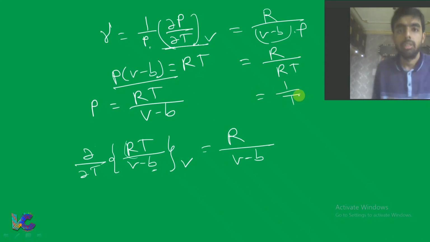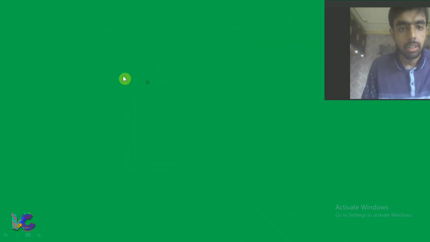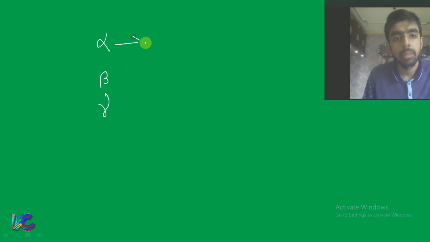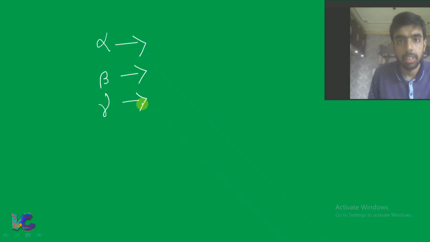Fine. So what we have seen today, if we summarize: at the beginning I said what a thermodynamic coefficient is. There are mainly three thermodynamic coefficients: alpha, beta and gamma. Then we have seen the mathematical expressions for alpha, beta and gamma, and understood what the terms are all about. Then we have seen the units of alpha, beta and gamma. Then we have seen the importance of alpha and beta.